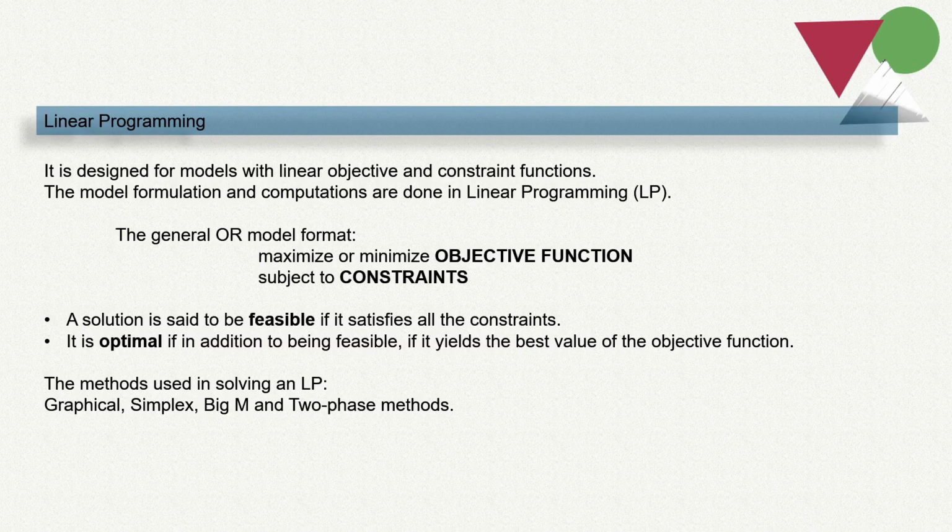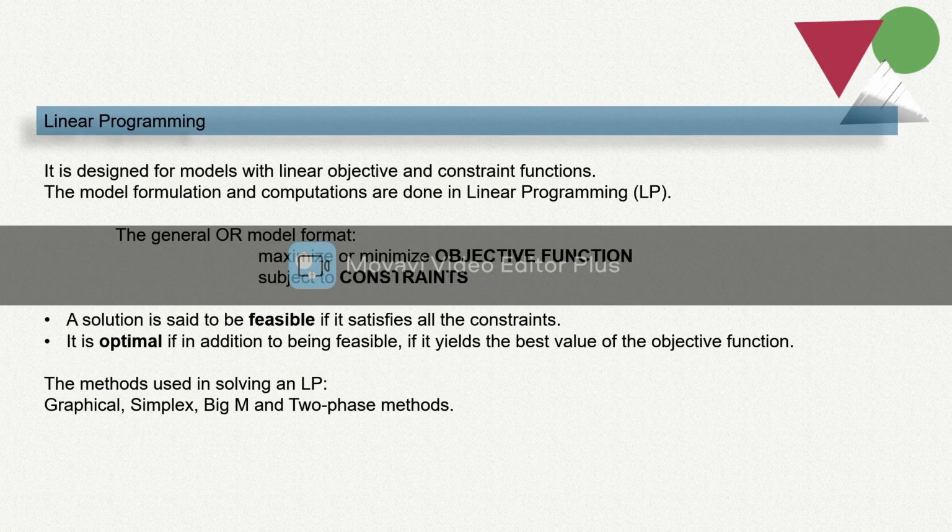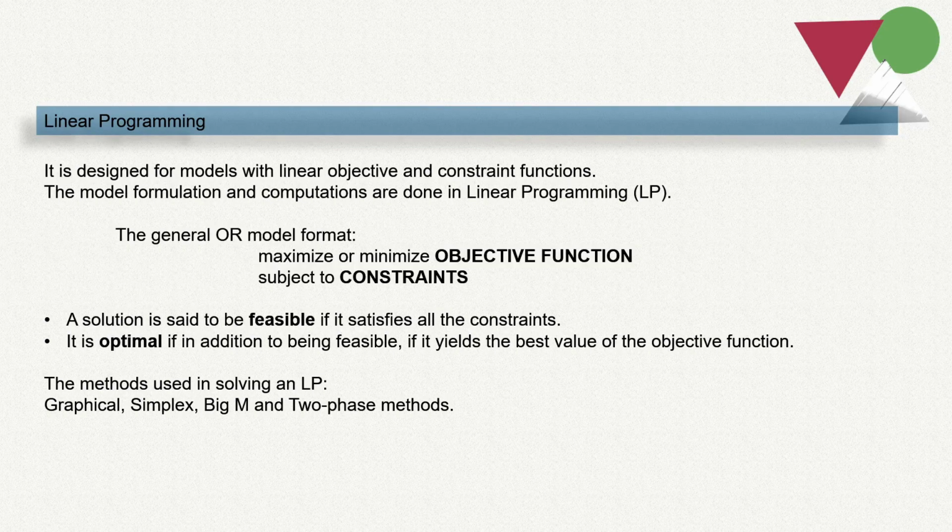Moving to linear programming, it is designed for models with linear objective and constraint functions. The model formulation and computations are done in linear programming. The general OR model format is maximize or minimize an objective function subject to constraints.